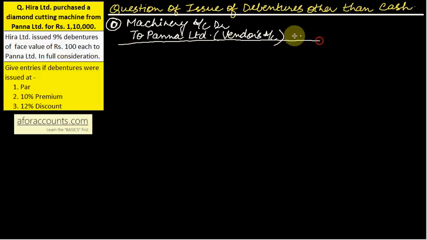Being machinery purchased from Panna Limited, you can also write the amounts in narration for rupees 1,10,000. So this is the entry number. I have numbered it at 0, common for all. Now, first case.